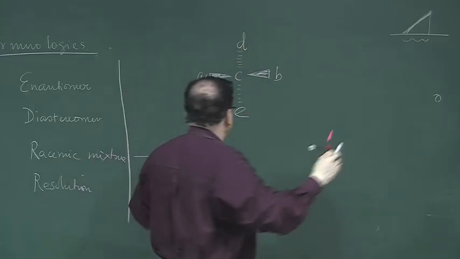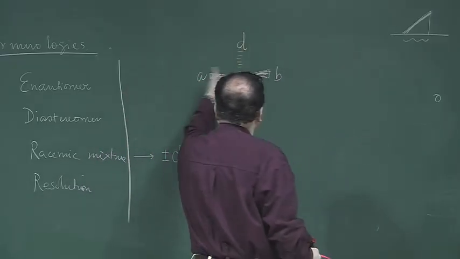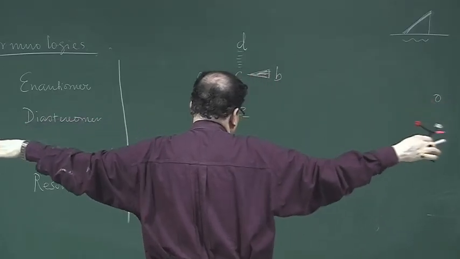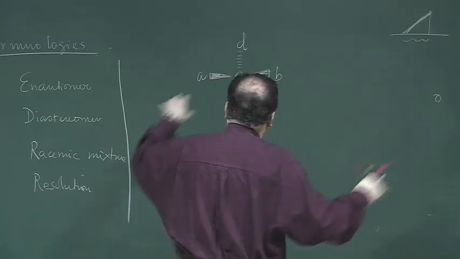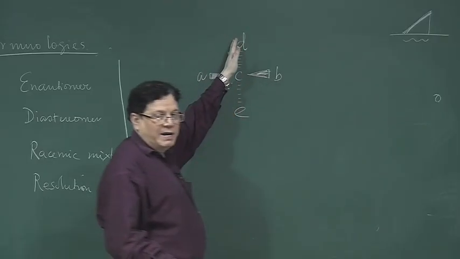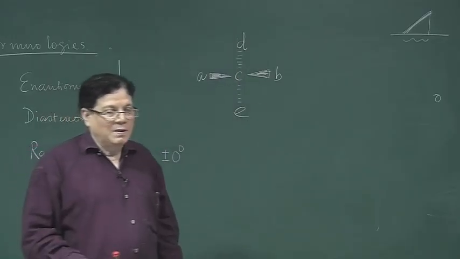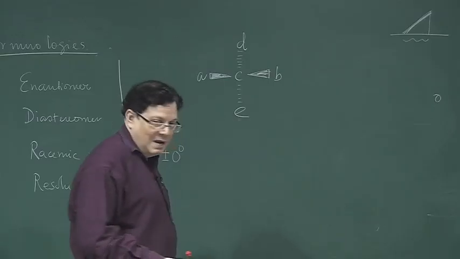If I am the observer, these 2 bonds are facing towards me. That means if I extend my hands, one is pointing to my right hand, another to my left hand, and this D group is away from me but pointing towards my head, and the E group is also going away from me, but pointing towards my leg.